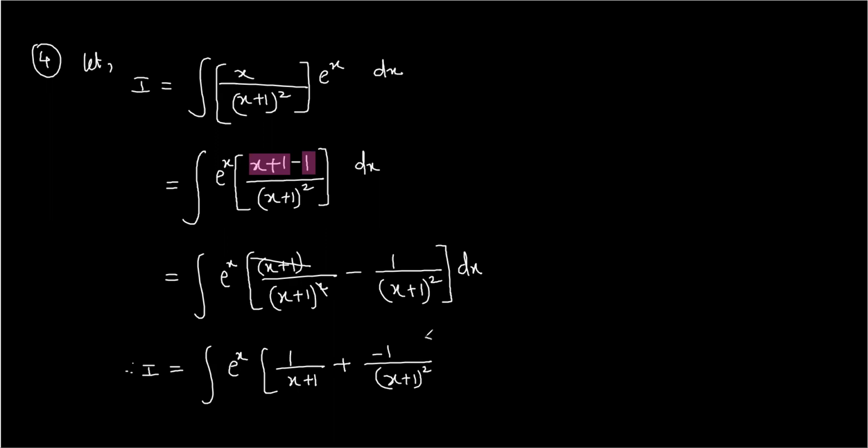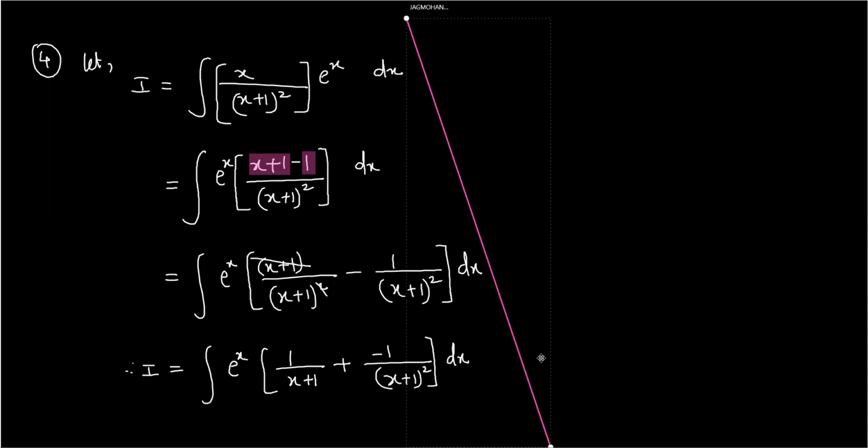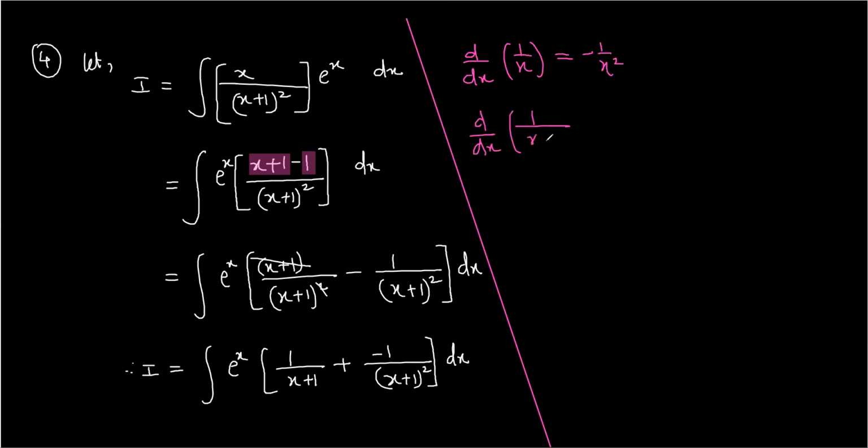And remember students, as we know, d by dx of 1 upon x is minus 1 upon x square. So d by dx of 1 upon x plus 1 will be, see, this is 1 upon f of x.